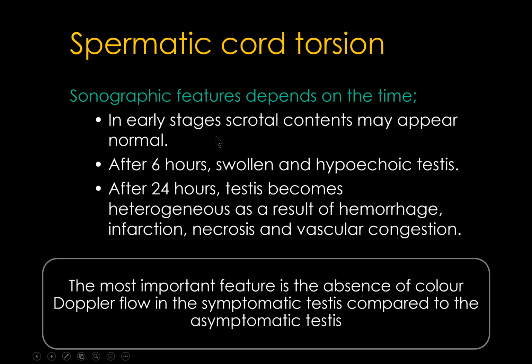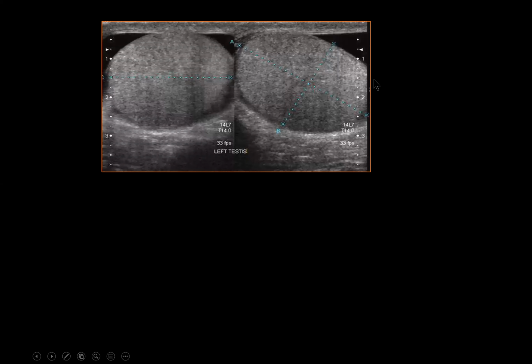This is an example of early testicular torsion. In the left torsion, this is a longitudinal sagittal image, and this is the transverse plane for the left testis. It shows you it is swollen and mildly hypoechoic, and there is hydrocele, or fluid, around it.